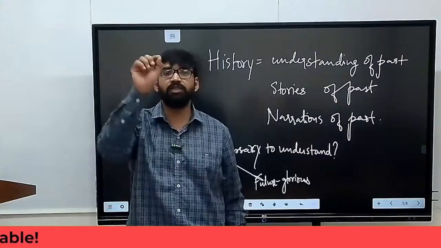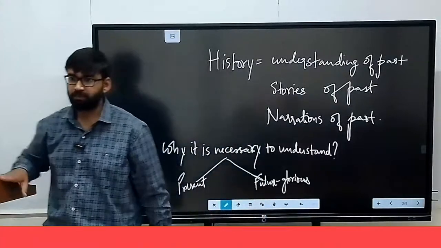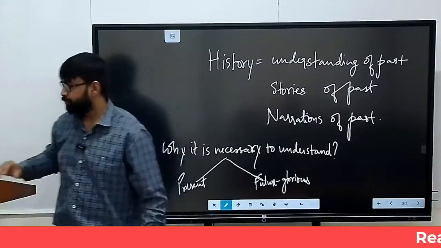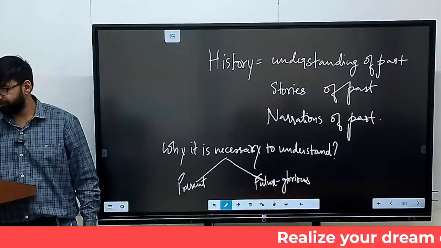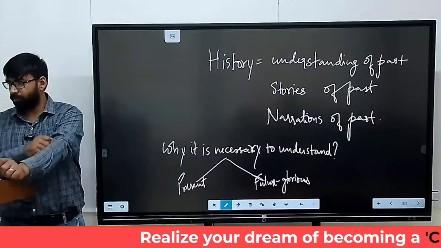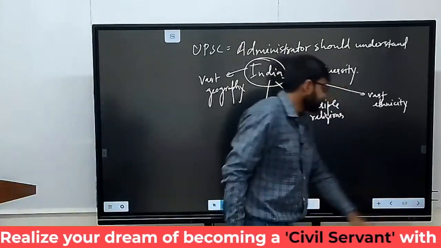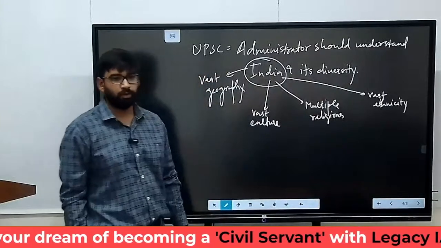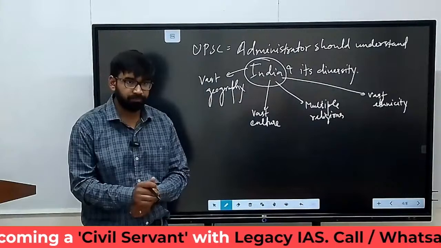Getting my point? So you can just write down, ethnicity is the identity of culture. Clear? Chavi, this much is clear to you? Done? Now you can draw this. Any doubt?